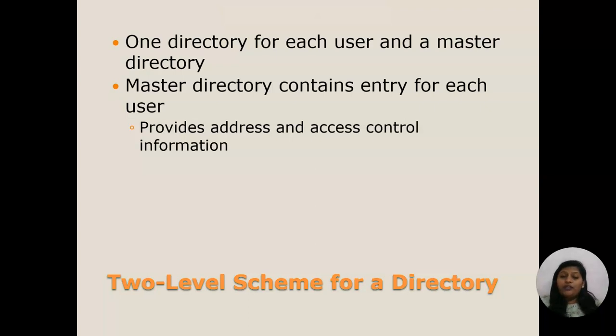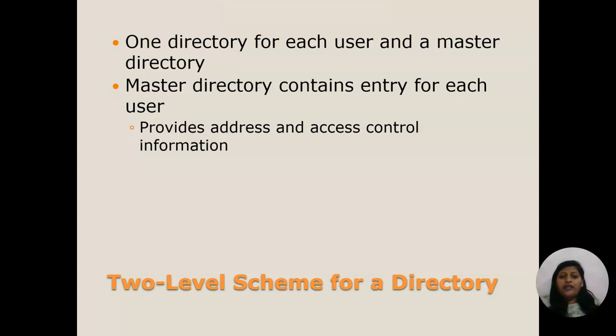So already we have learned about file management, the organization of a file, structure of a file, elements of that particular file. Now we are going to learn about two-level scheme for a directory. So one directory for each user and a master directory. These are the two levels.